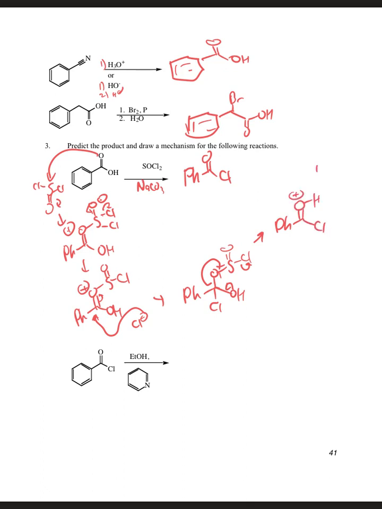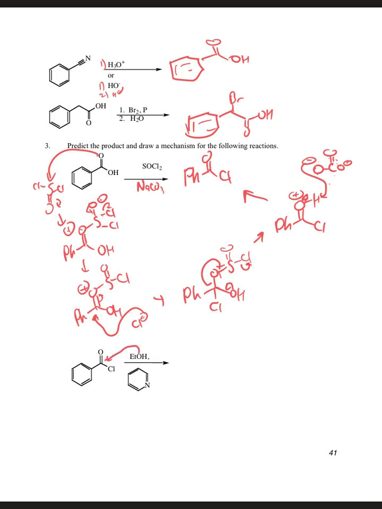And then carbonate can come grab a hydrogen to form the acid chloride. Okay, so there's the mechanism for the formation of the acid chloride.